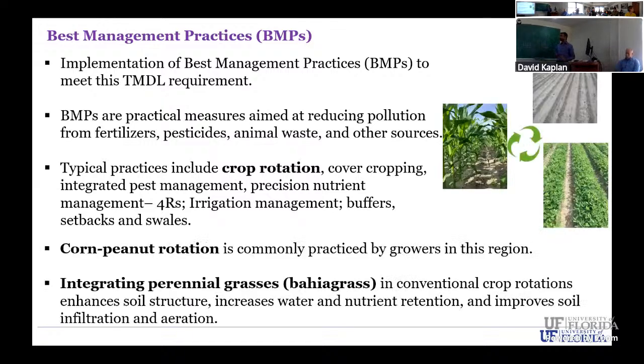Okay. So among many best management practices, or BMPs, there is another concept of integrating perennial grasses, or the rotational production system. I'll tell you what the rotational production system is, but before that, let me give you a brief history of our area. In our area, especially in row crops, we have a continuous rotation of corn, peanut.